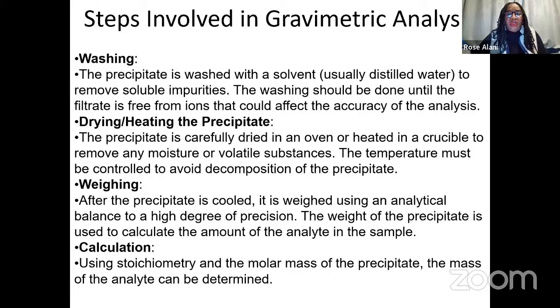So we're going to use stoichiometry to carry out the calculation to get the exact mass of the analyte in the sample. In this case, the molar mass of the precipitate should be known, and then you use that to calculate the mass of the particular analyte you need in your precipitate.